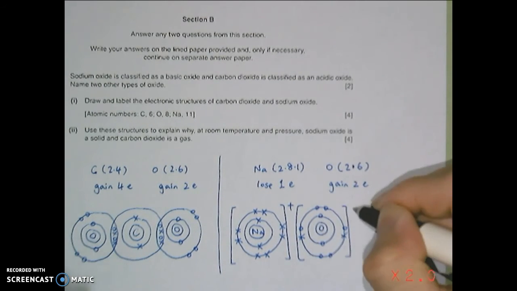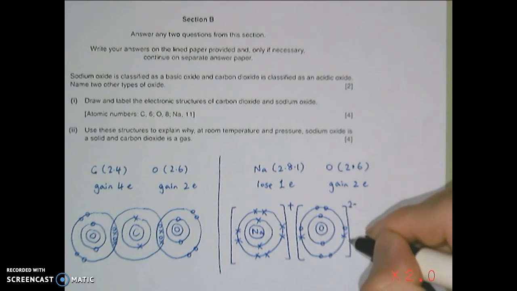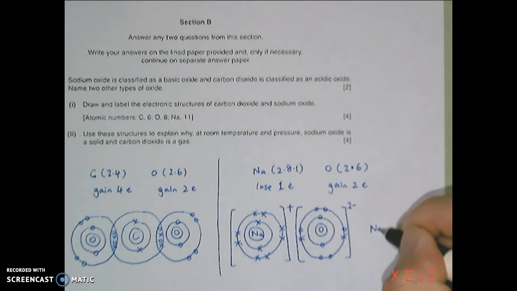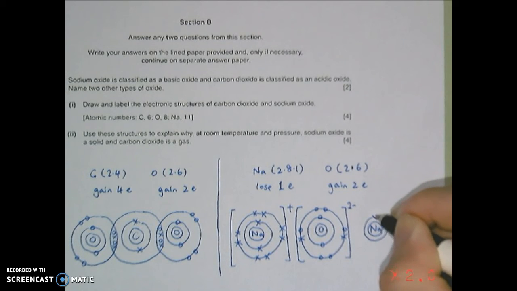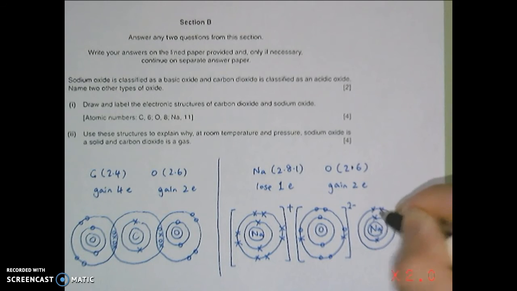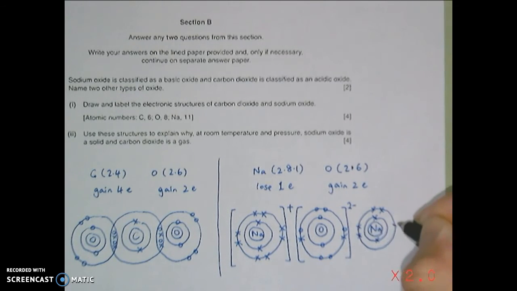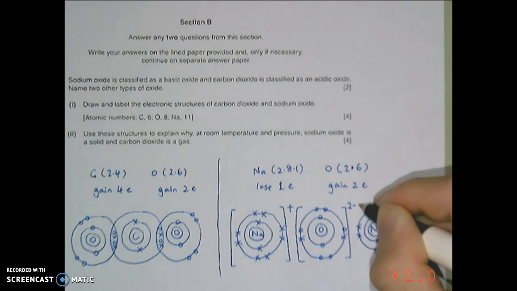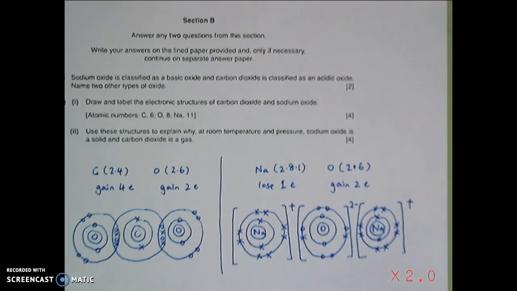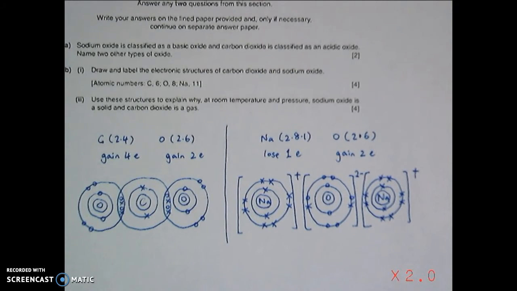The oxide ion has 2 electrons transferred from sodium. This is the remaining sodium ion. So that is the electronic structure of sodium oxide.